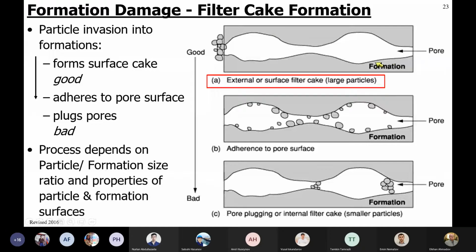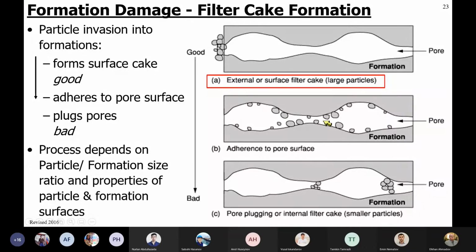If we get this bridging or screen effect inside the formation, then we will get some formation damage by solids and precipitations due to the interaction between the mud fluid and formation fluid.